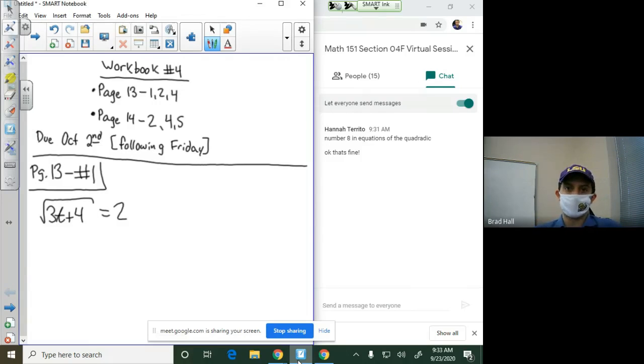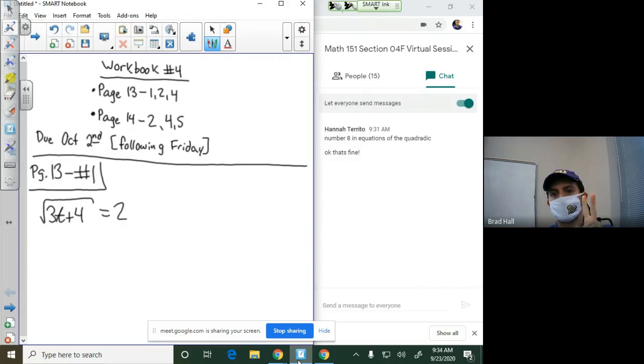So hopefully you see the radical and you think, all right, this is a radical equation problem. And this thought process will be good going into the midterm. If you identify the radical, then you think to yourself, how do I handle equations with radicals? First thing we did was we isolated the radical. Well, in this problem, the radical is already by itself. So step 1's already done.